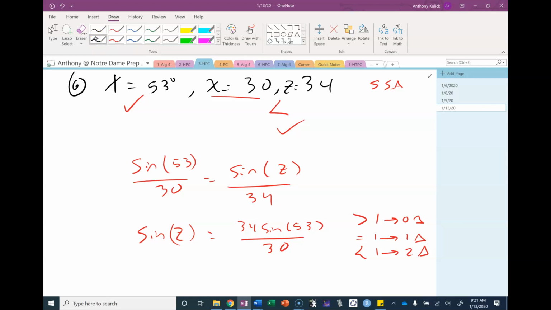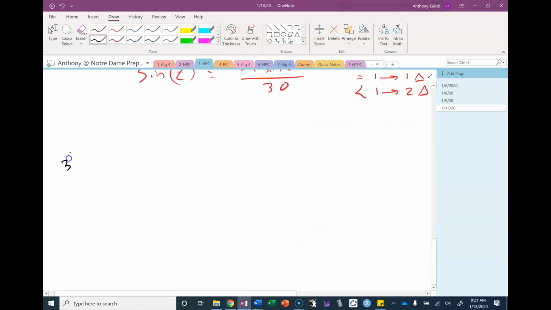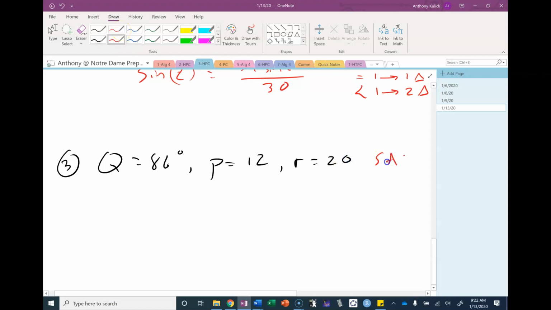Okay. Lindsay and Rachel, do we have something else? Yeah, can you go over number 3? Okay. So this I can see as a side angle side situation. Do you know how I can tell that? How do you know it's not side-side angle?